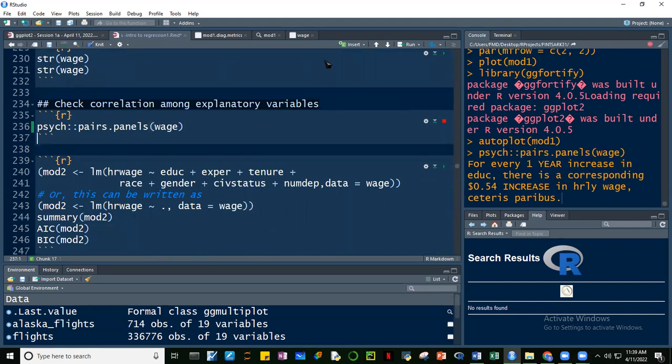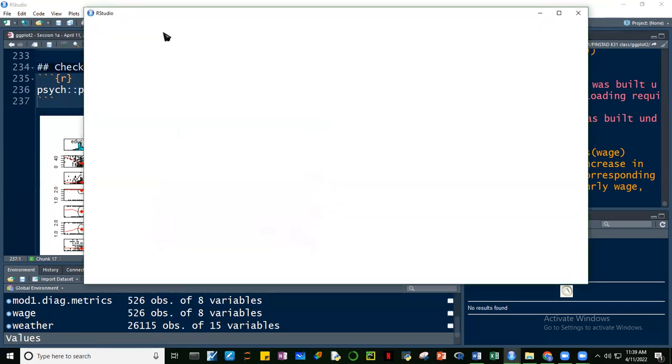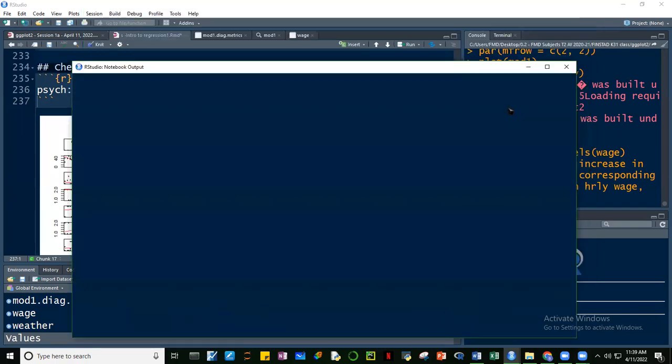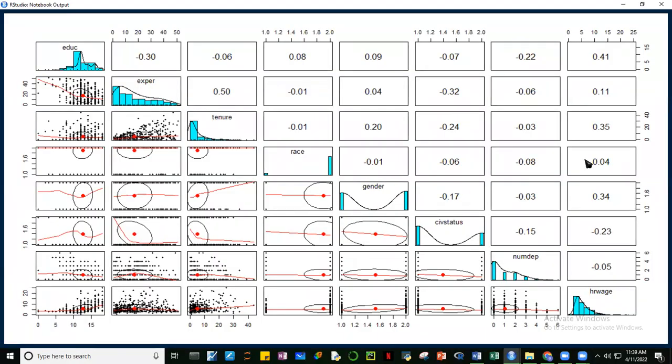So let's run this. So what does this give us? It's a correlation plot. It gives us both the diagram and the magnitude of the correlation among the variables. Okay, let's see. Si education, guys, gusto natin to na mataas to, no? Sorry, si hourly wage. Okay, where's hourly wage?